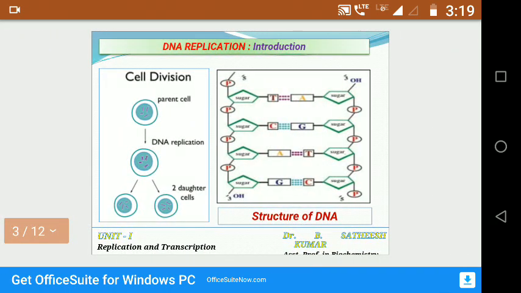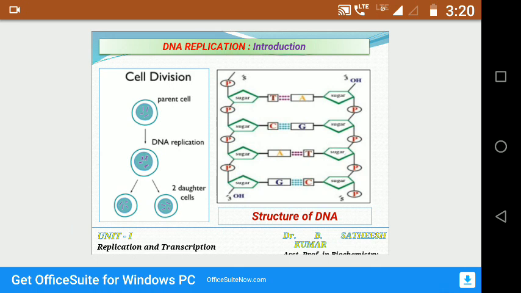To start with, the first topic is some fundamentals of nucleic acids. Before going to study about the replication process, we have to know some basics about the structure of nucleic acids. In semester 2, you have learned about the double helical structure of DNA.